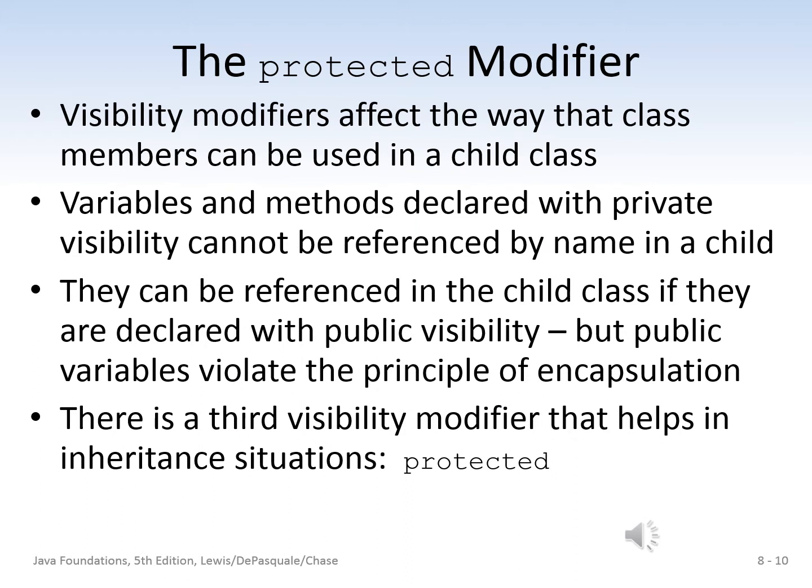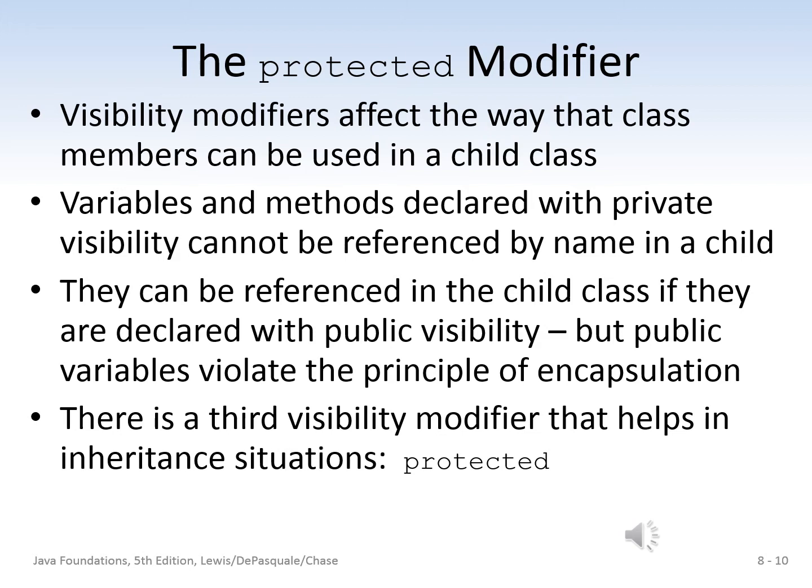Here we have some more information on the protected modifier. Visibility modifiers affect the way that class members can be used in a child class, and variables and methods declared with private visibility cannot be referenced by name in a child.